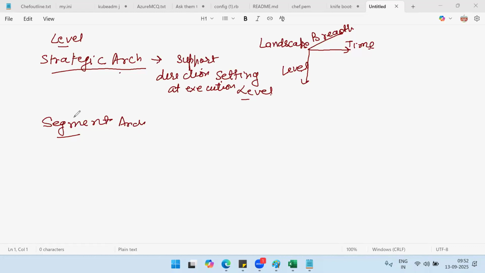And the third one is the capability architecture. Okay. So this is covering a particular capability, like department 1 only.